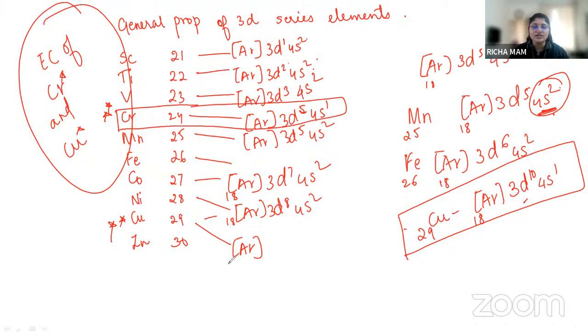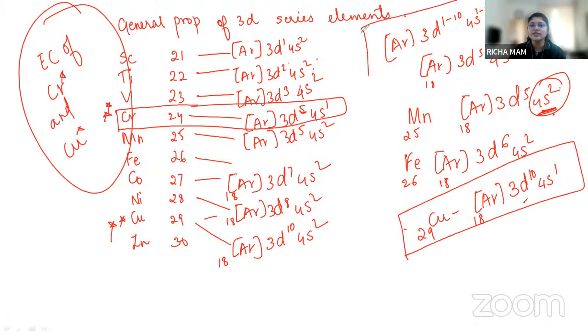Then zinc is argon 18, 3d10, 4s2. Is it clear? So these are the electronic configurations. The general electronic configuration of the 3d series is argon 3d1 to 10 and 4s1 to 2.